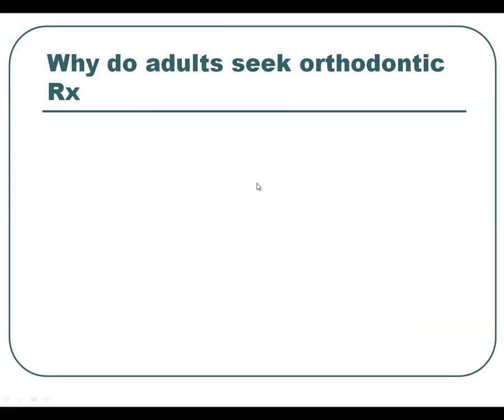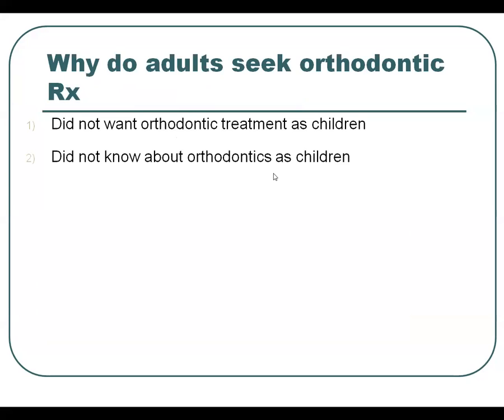Now the question comes, why do adults seek orthodontic treatment? Why do adult patients take orthodontic treatment? One reason is they did not want orthodontic treatment as children, which means when they were children they didn't want it. That's why they are seeking it later. Or they did not know about orthodontic treatment as children.